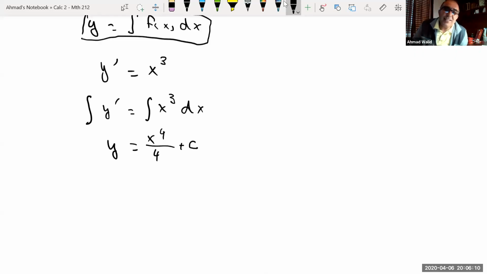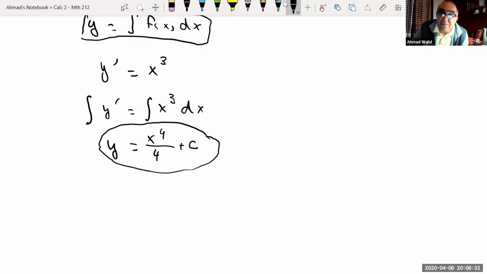Let me explain something here for you, why that plus c was very important at the time that we studied integrals. Plus c means one of the answers of this differential equation is x to the power of 4 over 4.